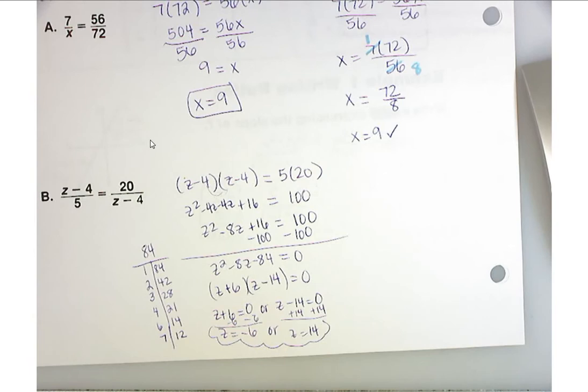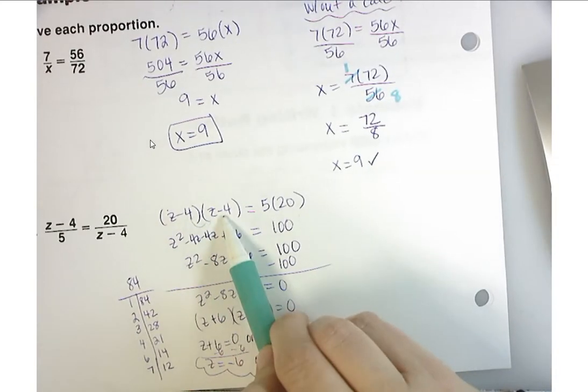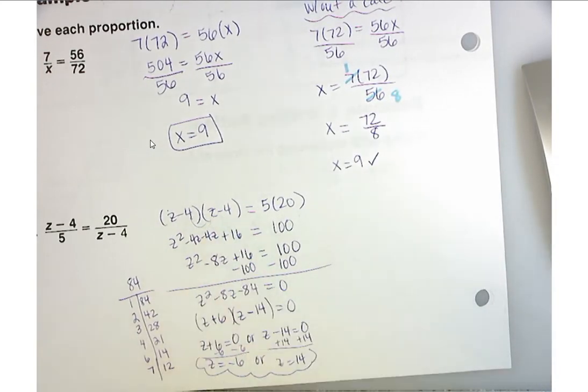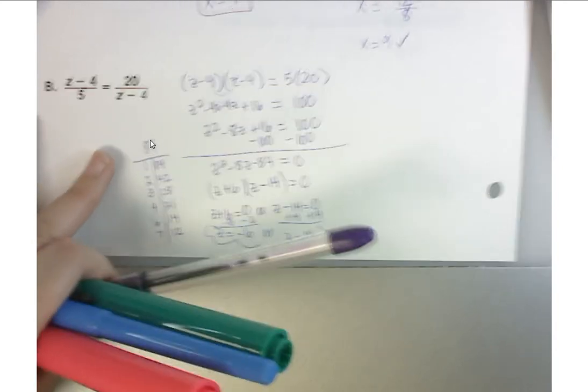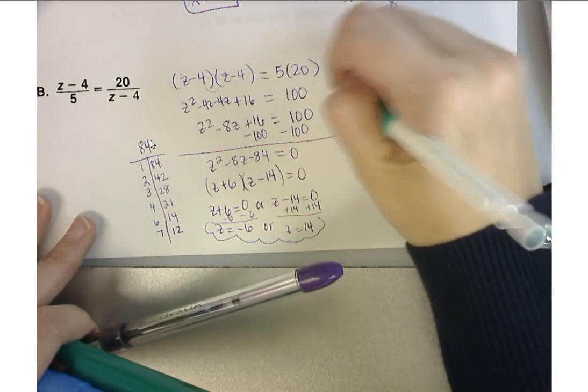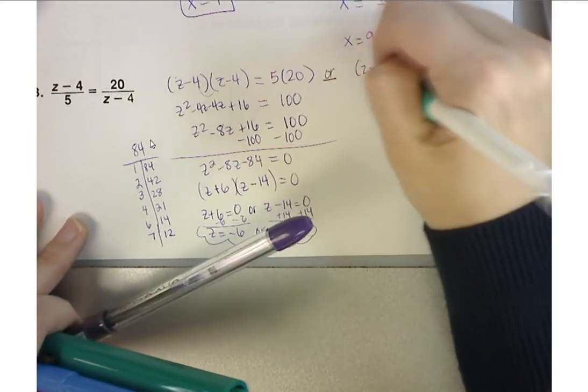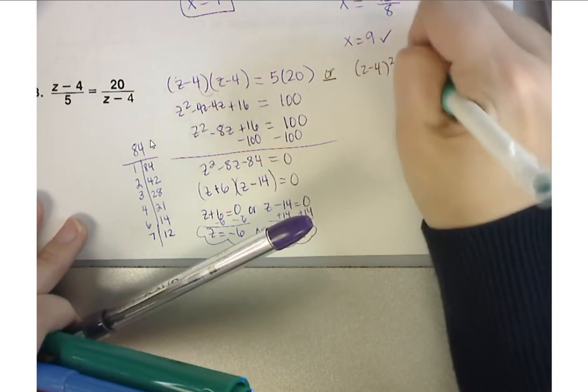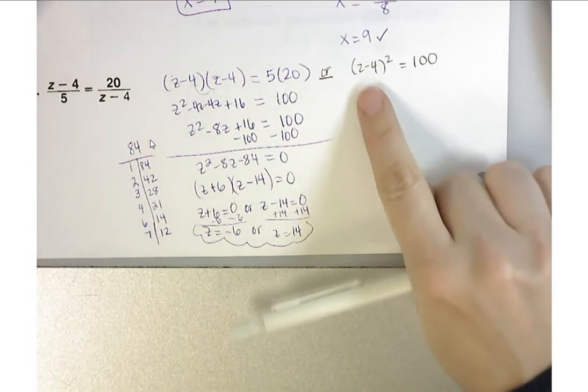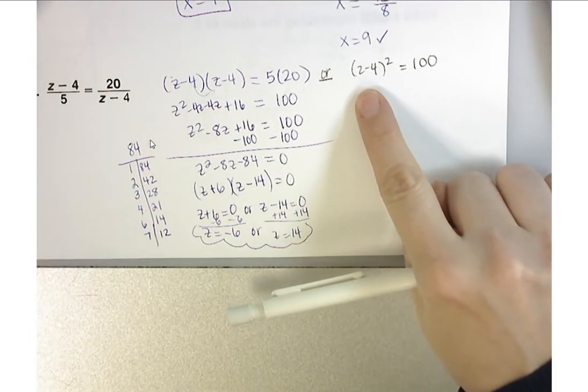I'm going to show you one more way that you can do this, and you might like this way better. Okay, so another way you can do this, see how these are the same? z minus 4 times z minus 4. So then what you could do is write it as z minus 4 squared equals 100. And then to undo a square, what would you do to both sides?